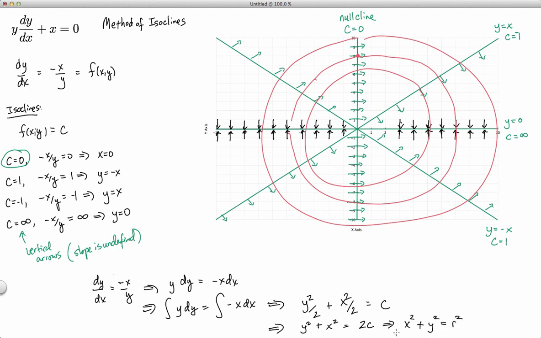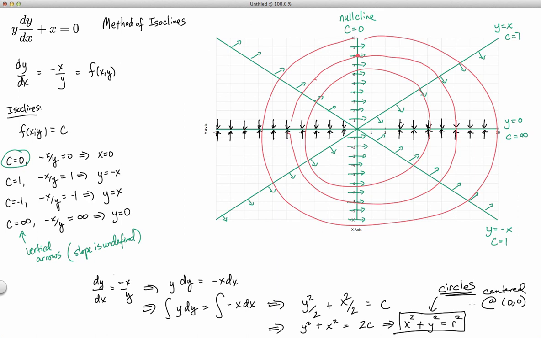And I'm going to rename it r squared for obvious reasons. This says that all solutions to this differential equation are circles centered at the origin. And our little sketch of the isoclines allowed us to basically figure that out.